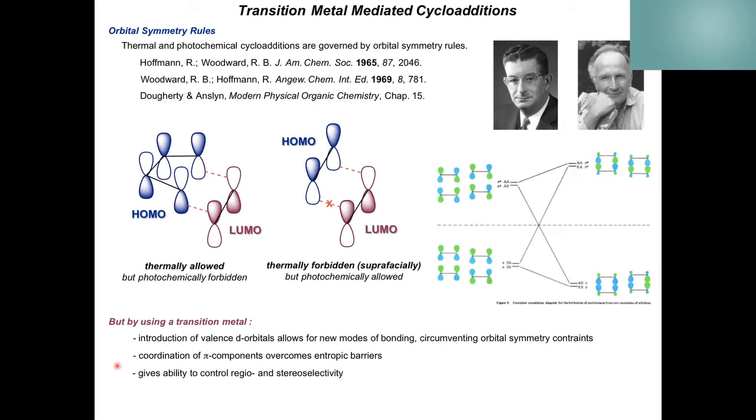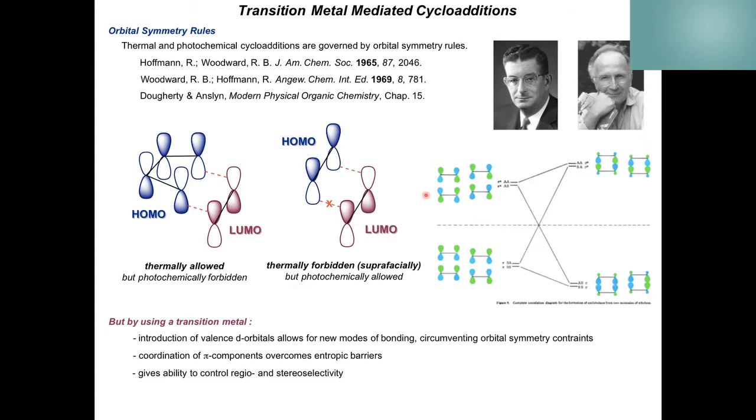This is where you maybe lose the stereospecificity that comes along with these orbital symmetry rules in either photochemical or thermal cycloadditions. In metal systems, the ligand can provide catalyst-controlled stereoselectivity, which is really advantageous from a synthetic point of view.